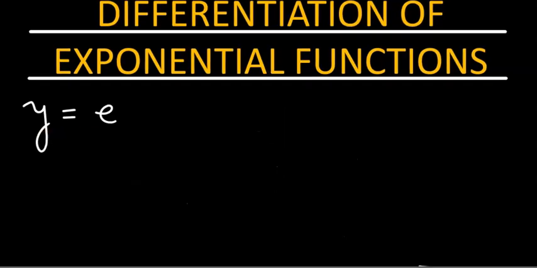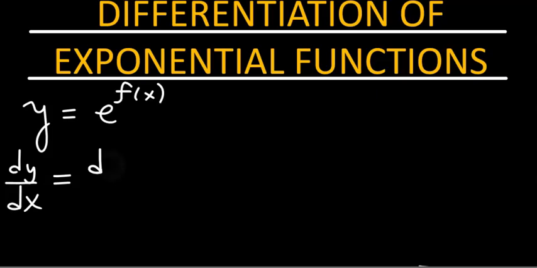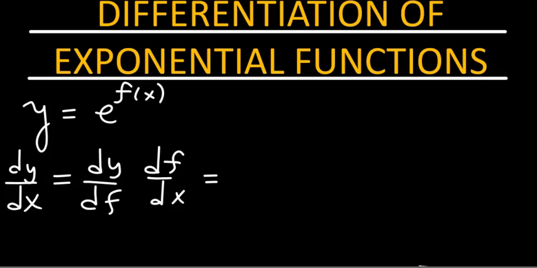What if y equals e to the power of a function of x? Let's call that function f(x). So what is dy/dx? In this case, we can use a similar technique that we use to differentiate function of a function. So what we can do is to rewrite dy/dx as dy/df times df/dx. Now we know what dy/df is.